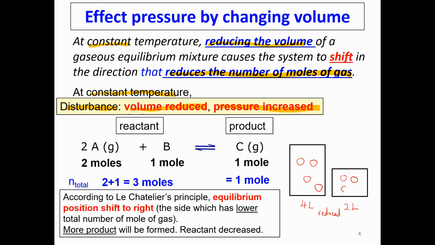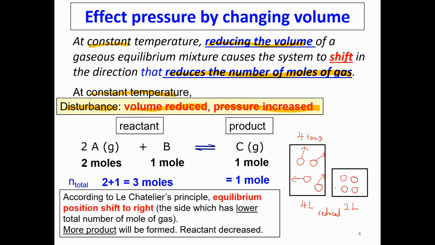I still have the same 4 molecules. So what happened was, initially, for example, the pressure of the system is, let's say, 4. It means that the molecules hit the wall, let's say, 4 times.